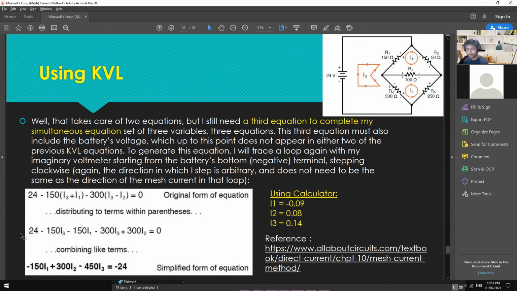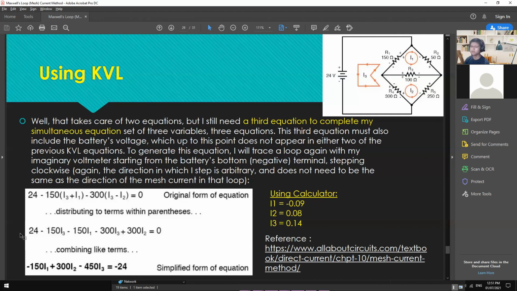And then from there, you can choose between two methods: either via calculator or using simultaneous equations. But in my case, once I have three equations or three unknowns, I don't use simultaneous equations anymore.